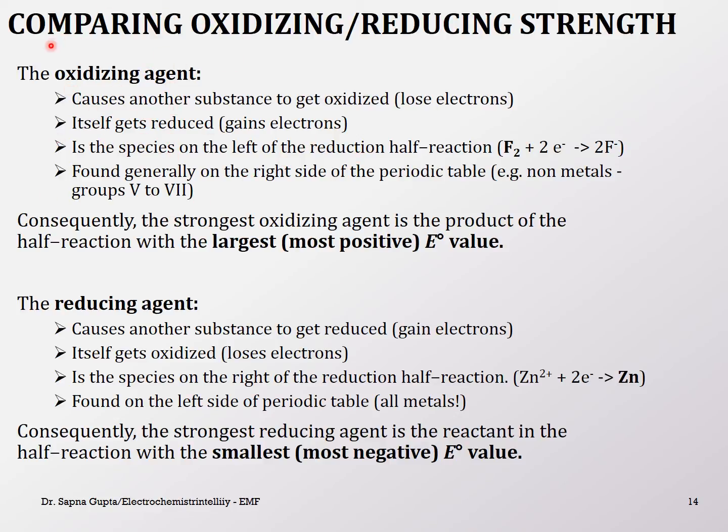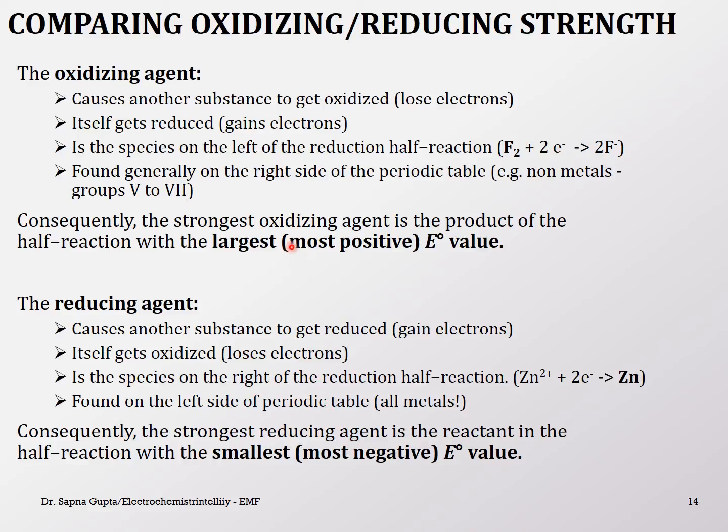Lithium was on the top, fluorine at the bottom. Lithium is a very good reducing agent, whereas fluorine in the imaginary chart is the best oxidizing agent, because a reducing agent will cause something else to gain electrons, which means it likes to lose electrons.